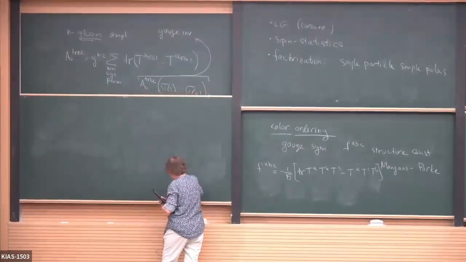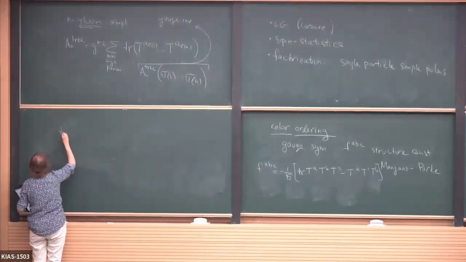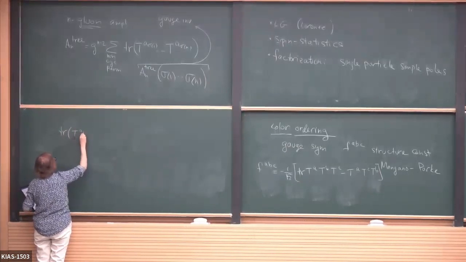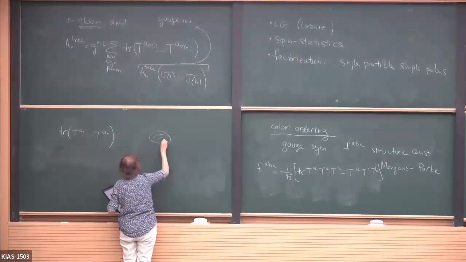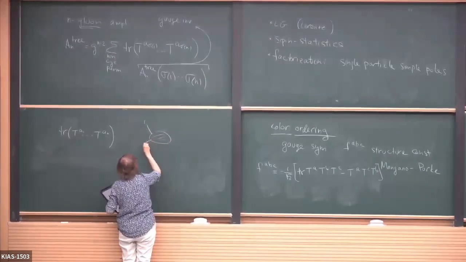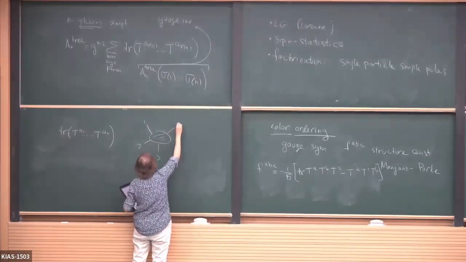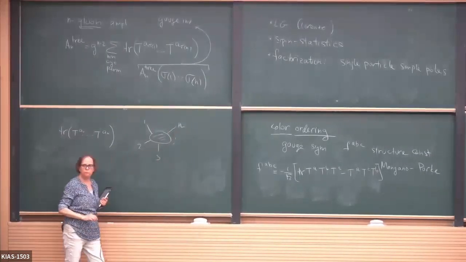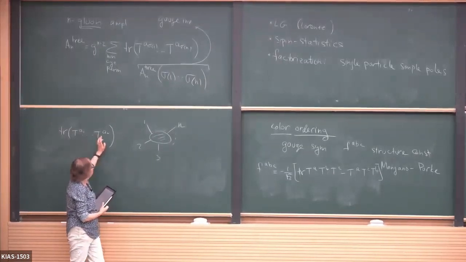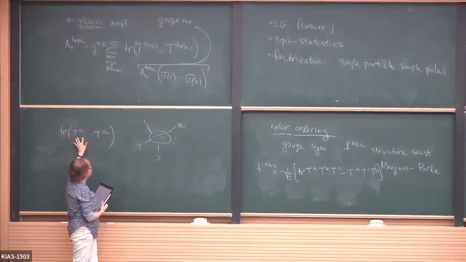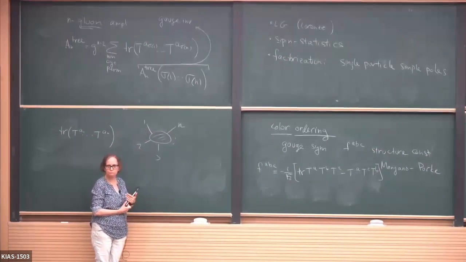So for example, if I'm calculating the coefficient of trace T^{a_1} to T^{a_n}, that would involve the gluons 1, 2, 3, up to n. Okay? So only indices that are adjacent here can be adjacent in the amplitude.